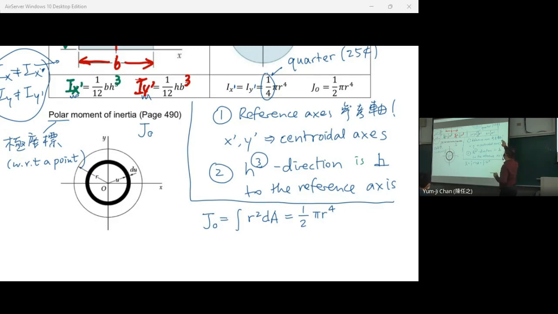If you need to use this, I will give it to you, but the important ones are these two.